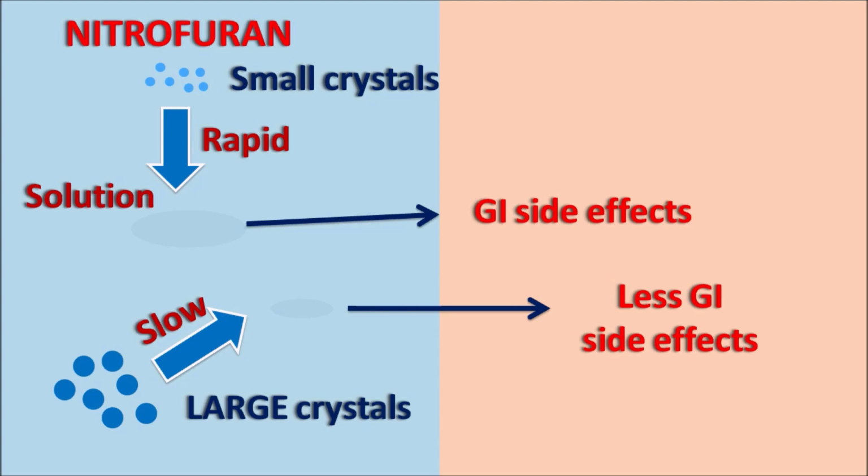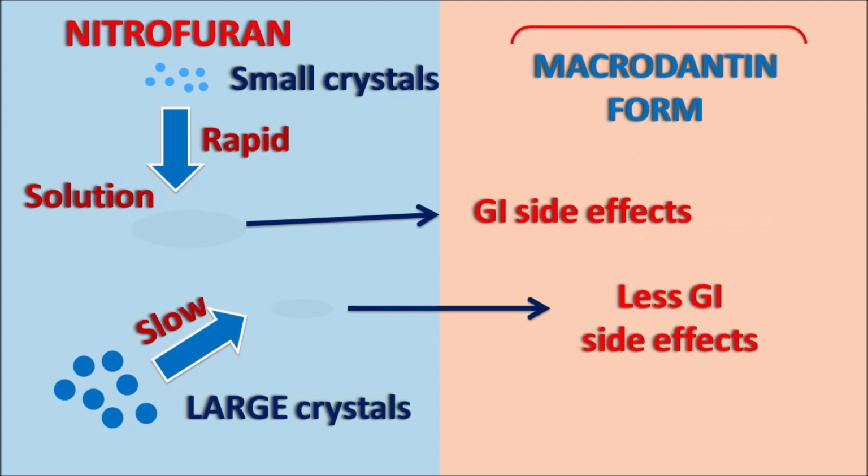That's why nitrofurantoin is one of the drugs where the particle size is intentionally increased in order to decrease the gastrointestinal side effects. And this drug is given as the macrodantin form. Macrodantin has the large crystals of nitrofurantoin, which shows fewer gastrointestinal side effects.